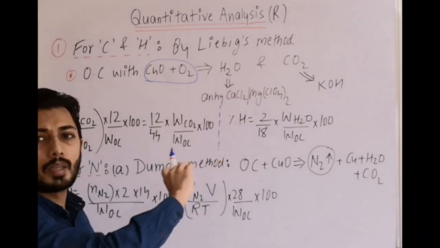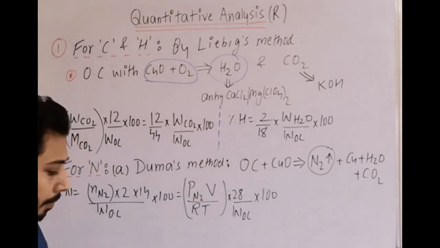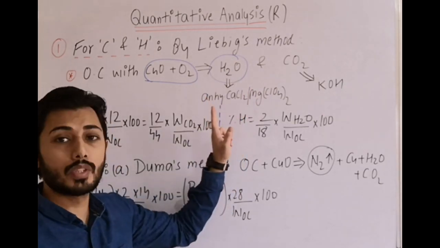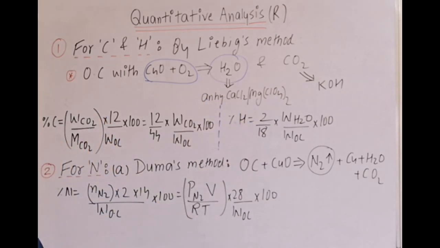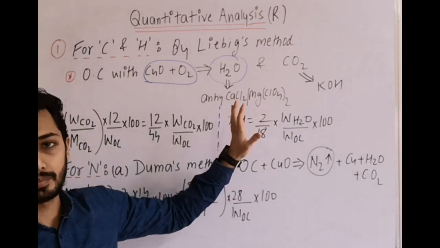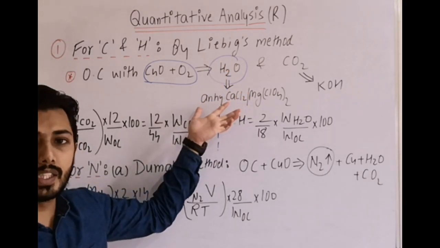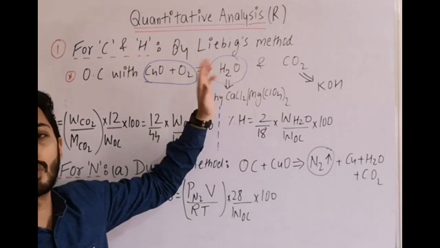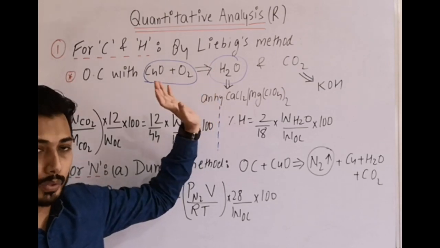There is a complete setup given, you can go through that part in NCERT, and then we identify the mass of water, using anhydrous calcium chloride or anhydrous magnesium perchlorate, Mg(ClO4)2. Whatever the mass increase in these compounds, either CaCl2 or Mg(ClO4)2, we get the mass of water. From that mass of water we can find the percentage of hydrogen.